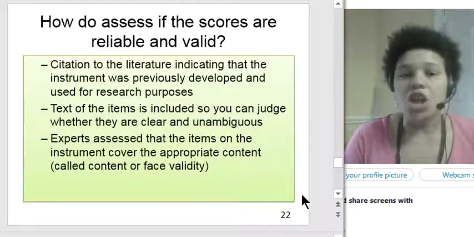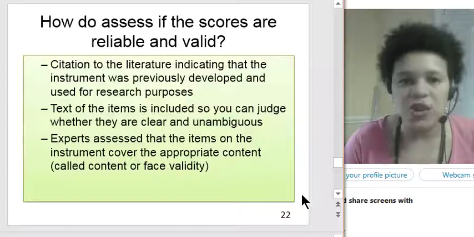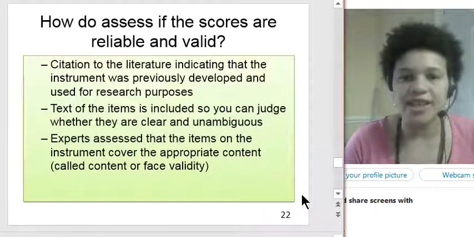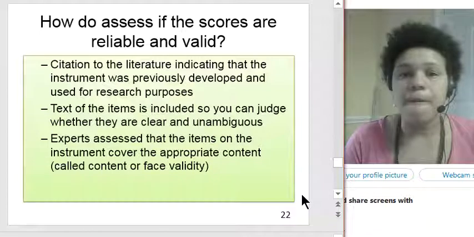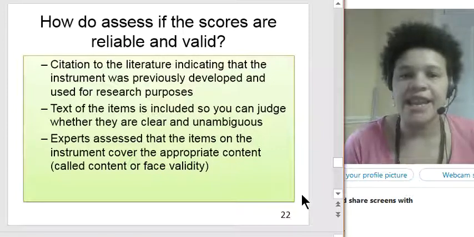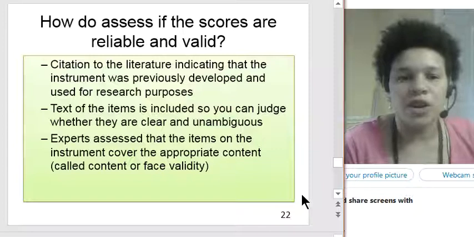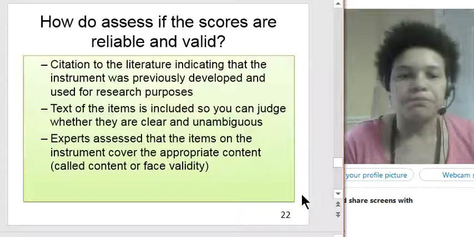Now, there are certain things that authors should mention when they're using various tests and scales in their studies. They need to show that the scores are reliable and valid. So they might make citations to the literature indicating that the instrument was previously developed and used for research purposes.